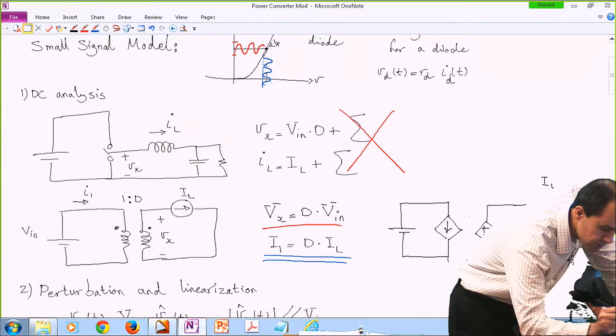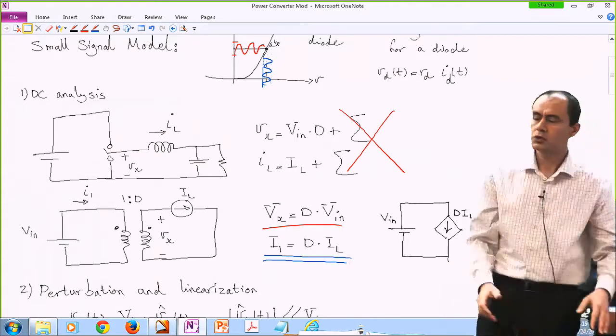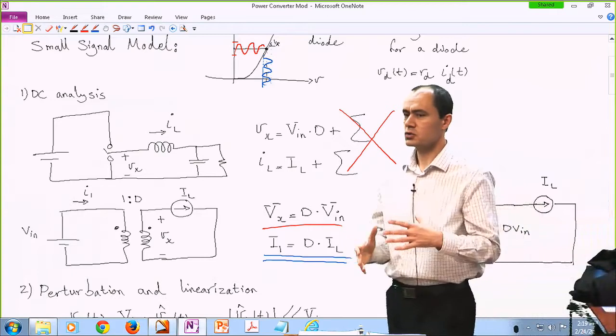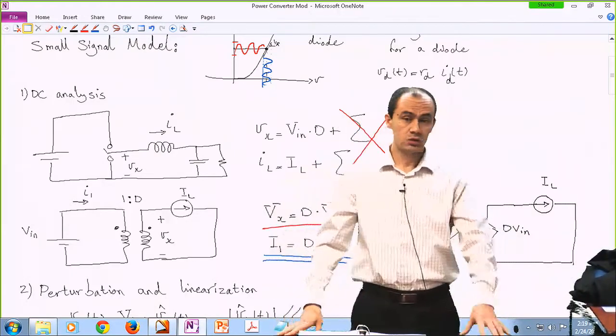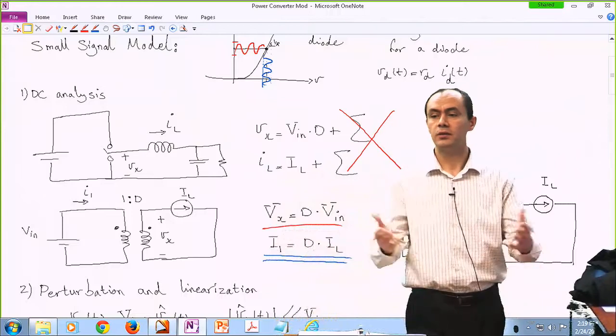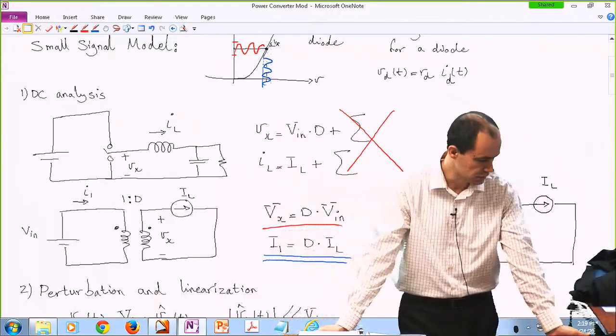And this would be D times IL. So if you want to be super accurate, you have to use dependent sources because transformers are not used for DC signals. But in almost every textbook that you open up, there is actually a transformer being used. So that's the common practice that we do.